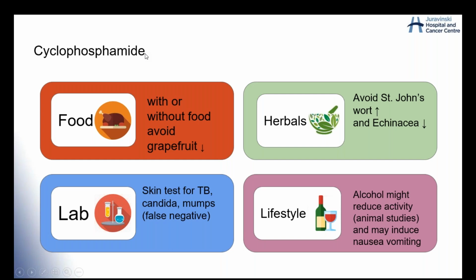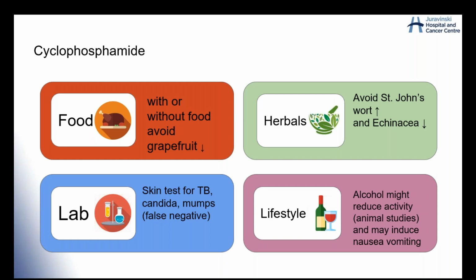This is because the way cyclophosphamide gets activated is different than other medications. Cyclophosphamide, and really medications that tend to suppress the immune system, can sometimes cause false negative skin tests for things like TB, mumps or candida, because you need the immune system to react to these skin tests.